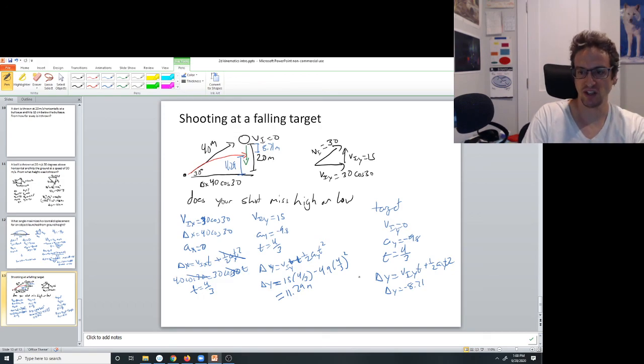And that actually should make sense, because what we want is change in y of the projectile minus change in y of the target to equal 20.